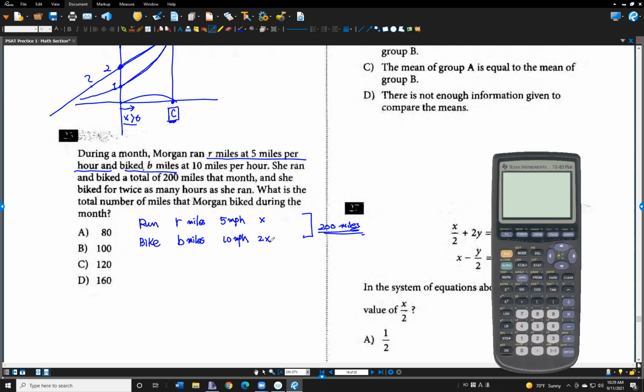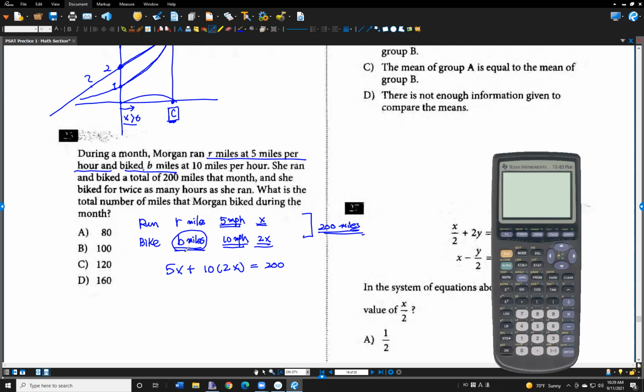One is the total number of miles. Morgan biked B miles. Total is how much? 5 times X plus 10 times 2X, isn't it? Speed times hours plus another speed times hours, total equals 200 miles.